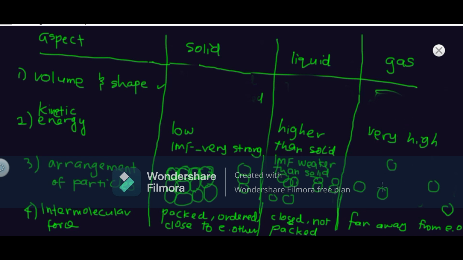Meanwhile, if we look at the particles in gas, the kinetic energy is very high. They are very freely moving around. So how about the intermolecular force between them? We can say the intermolecular force is very low compared to liquid.